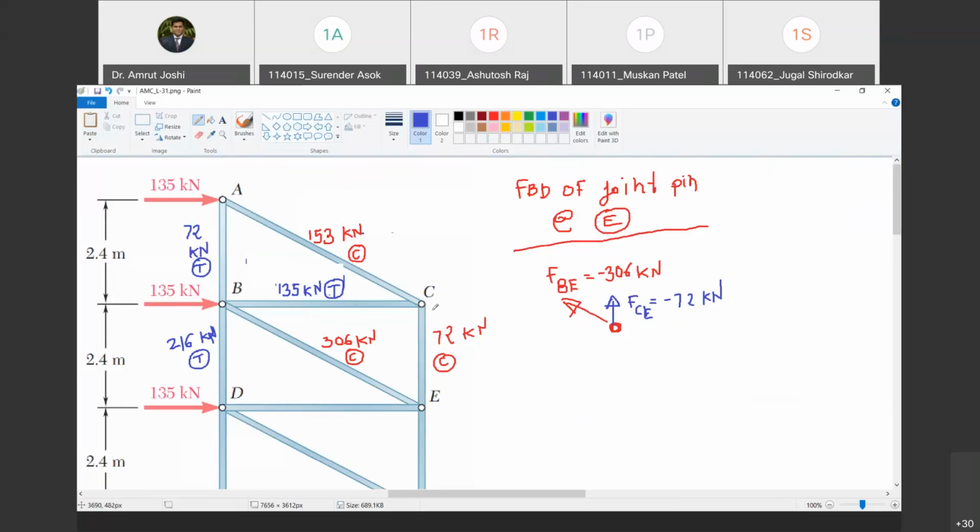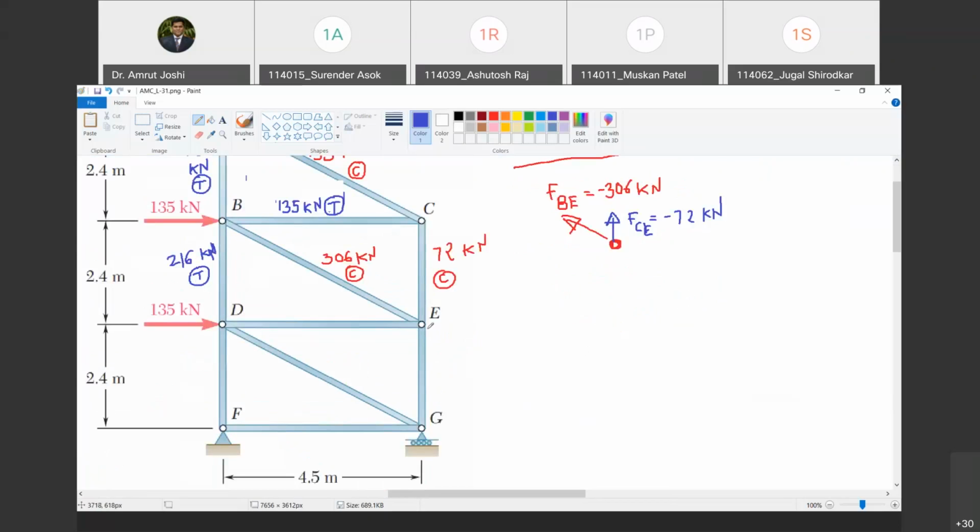Now, what else is there at the joint? In fact, I should call this force FEC. Do you agree with me? Yes, sir. Whether it is FCE or FEC, doesn't matter. It means one and the same. Just because you call the member CE rather than EC, it is not going to change the force in the member. Do you agree with me?